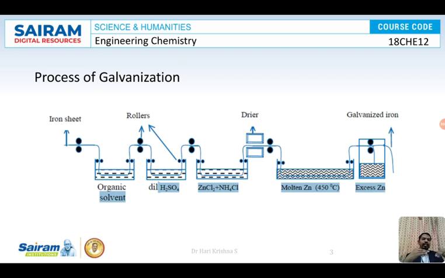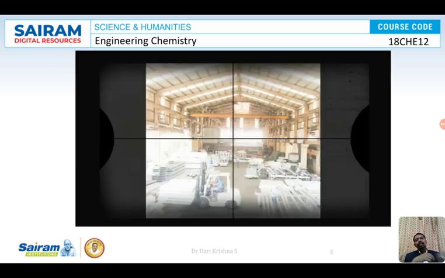Then dip it in molten zinc and pass it between two rollers to get a uniform thickness of the zinc deposition. Let us see a small industrial video of how this galvanization is done in industries.